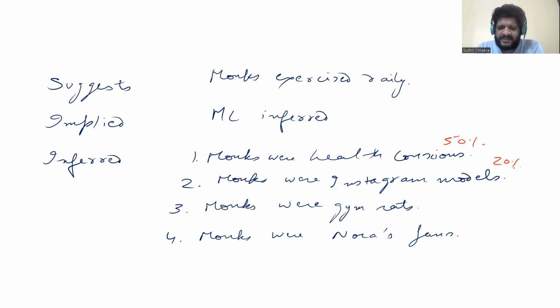I think the same is the case with the third option, where being gym rats is a bit far-fetched. You'll have to think a lot, as in, monks exercise daily, so they were crazy about going to the gymnasiums.